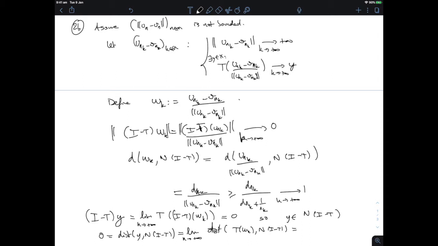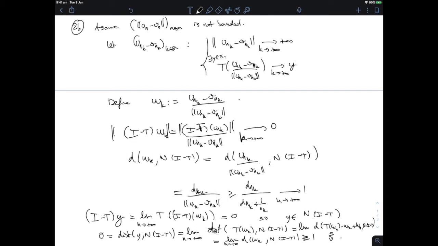But then if I add and subtract w_k, I get that this is the same as the limit of the distance of (Tw_k minus w_k), which we know goes to 0, plus w_k, the distance from that to the null space. And now this is the same thing as the limit as k goes to infinity of the distance between w_k and the null space, and we've just seen that this distance is 1, so we get 0 is greater or equal to 1, this gives us a contradiction.